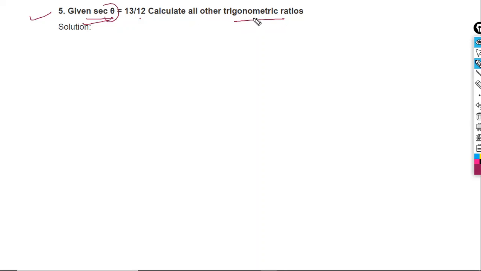This question is also of the same type. So let's start. Again, take a right angle triangle. We will name it A, B, C. Let the angle C be theta.